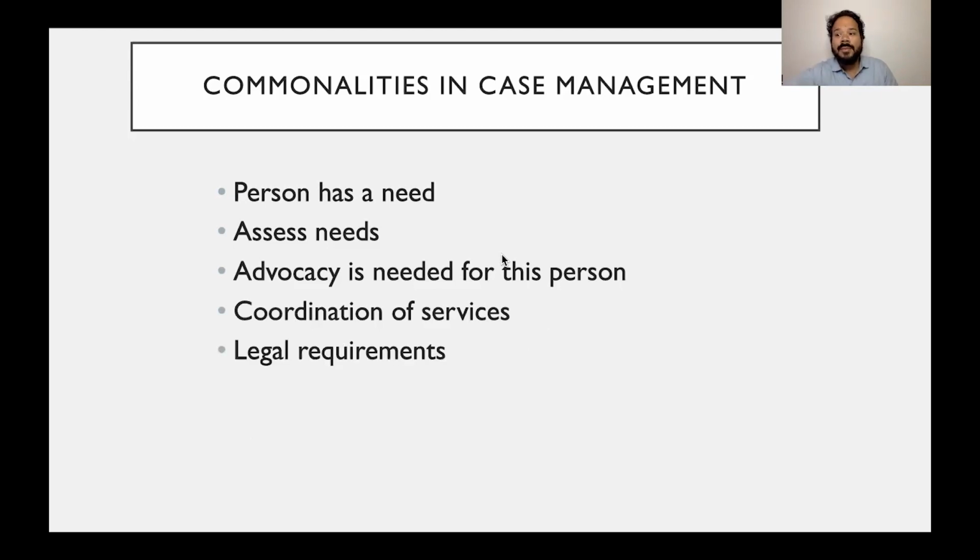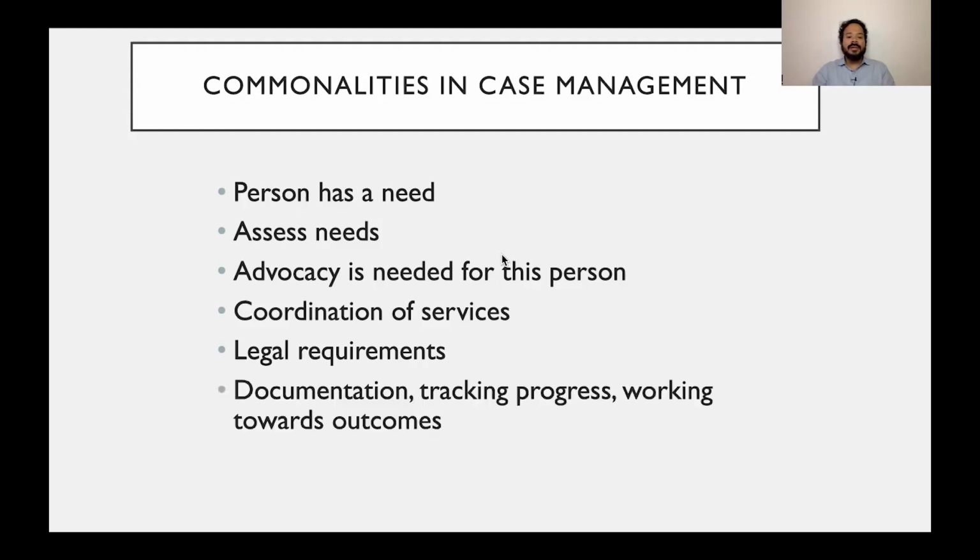There are legal requirements. For us, we have IEPs, we have confidentiality in the psych reports, social work and CPS, mental health confidentiality and all that stuff. And then we also have a lot of documentation, tracking progress, working towards outcomes.